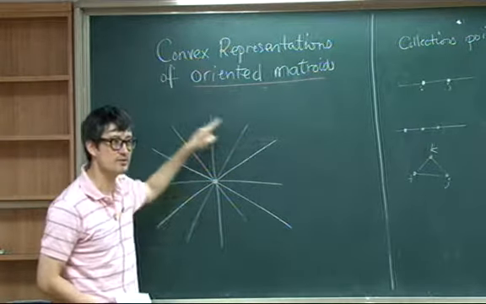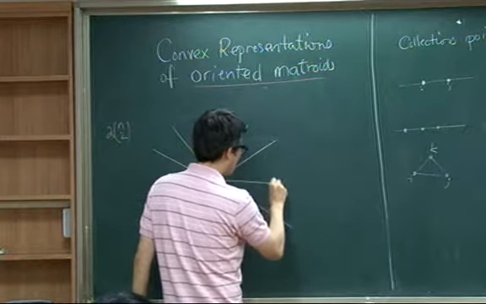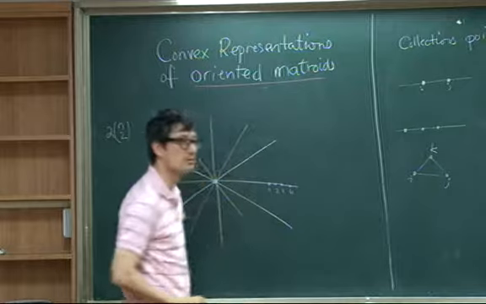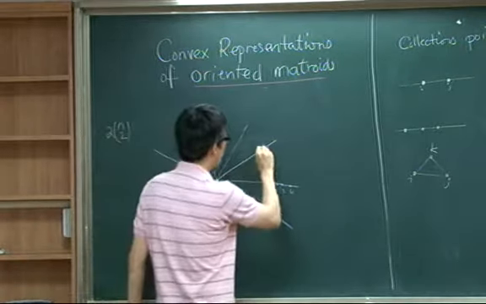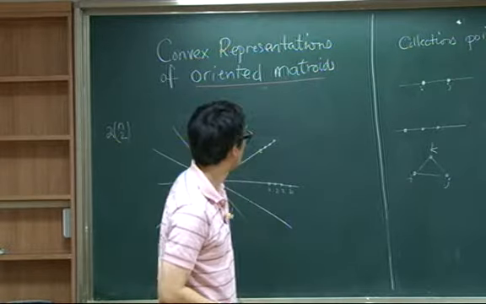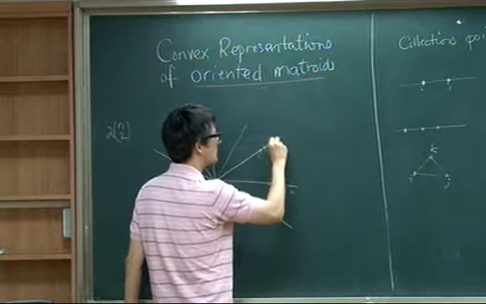So I have cut into 12 equal regions now, right? Now let me write down here 1, 2, 3, 4. Here, what should I write down? 1, 2, 4, 3.